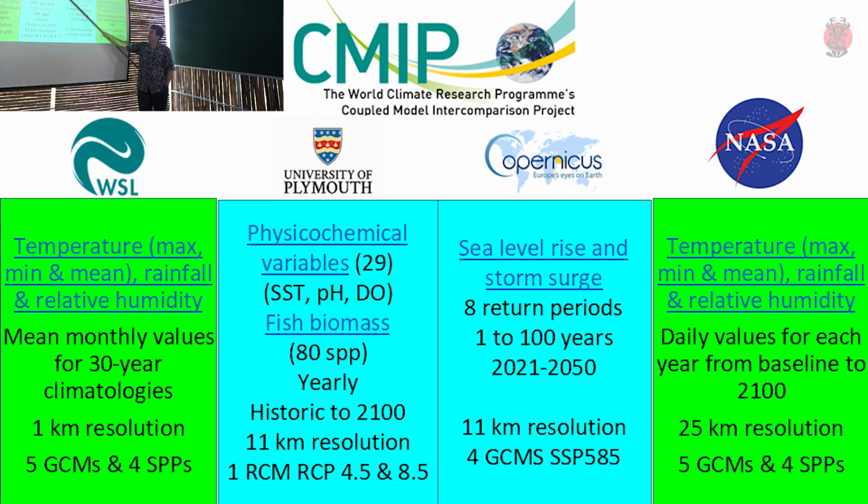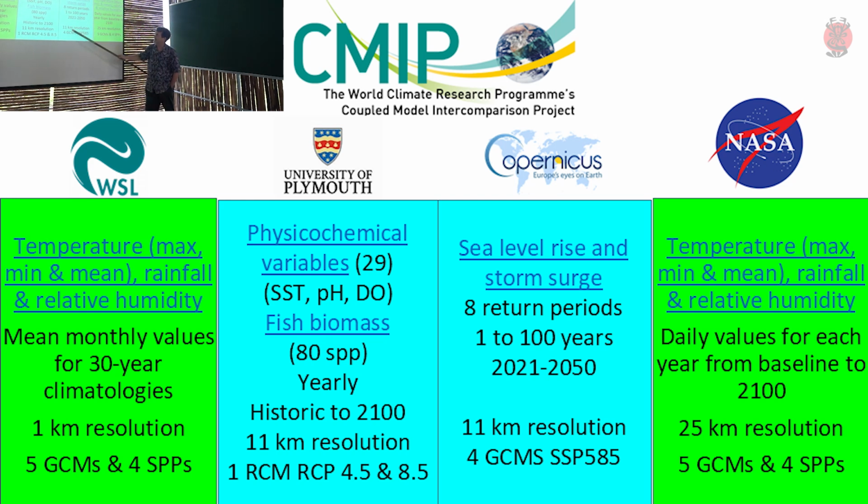They've also taken their data, which uses a regional climate model, and put it into a fisheries model, and then they project what will happen to fish stocks. They've done that for 80 commercially important fish in the Southeast Asian region, of which about 50 are important for Sabah. They have yearly projections at 11 kilometre resolution, so the grid cells, the pixels, are 11 kilometres square, from historic to the end of the century.